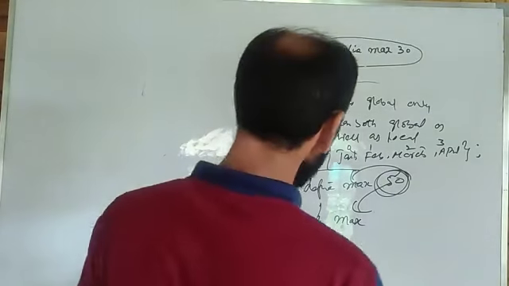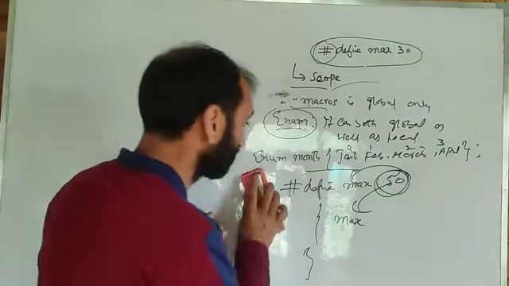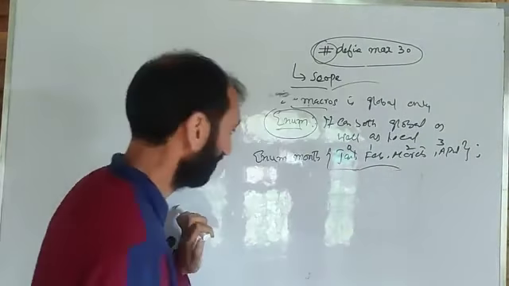And in case of enum, duplicating values is not allowed. What does that mean?